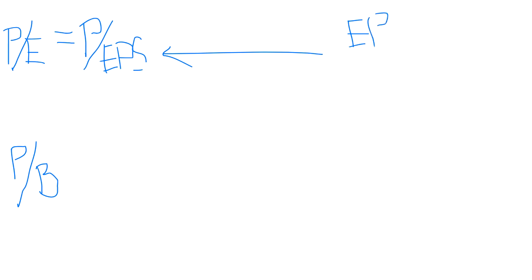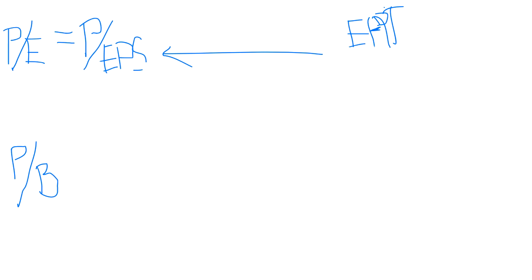Per means you're dividing it by something. So what earnings are we talking about? EAT, the net profit, because that's what belongs to the shareholders, or the equity holders.